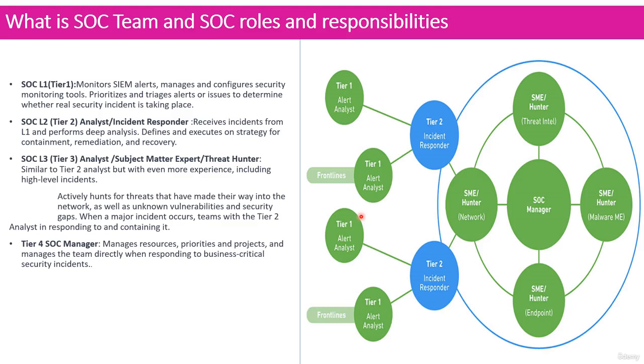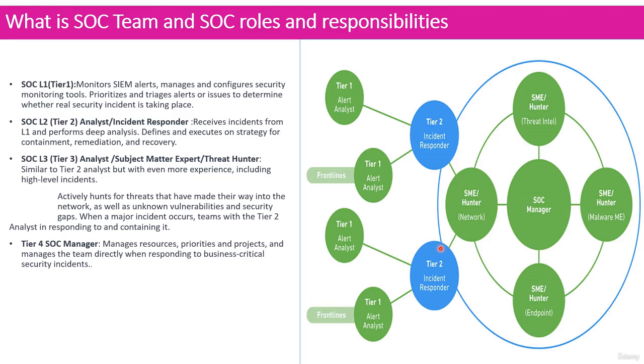The second level of the team has a deep understanding of security analysis, and they will look at the incidents coming from the Tier 1 security analysts. They will do deeper investigations, as we discussed, and take appropriate actions to remediate a threat.